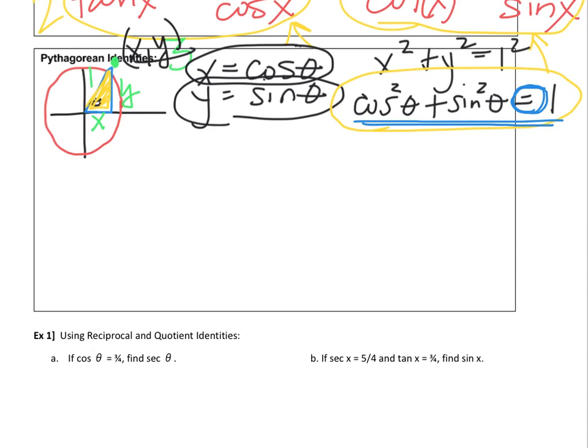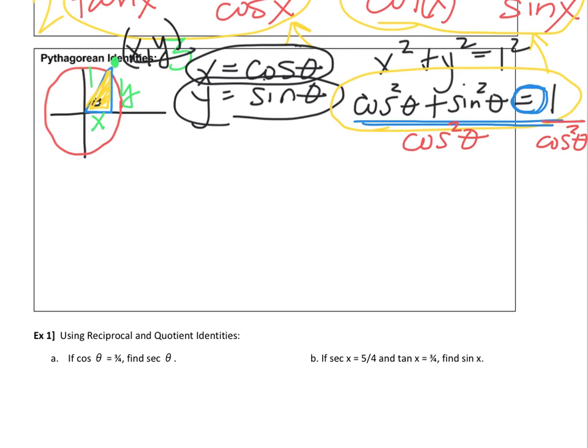What would it look like if I decided to divide each side by cosine squared theta? So I'm going to do that on each side. And the reason we're going to do that is because I can get different trig functions by doing that.